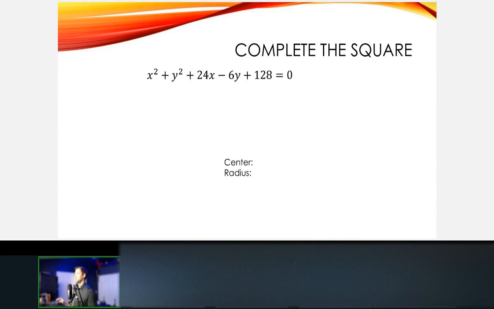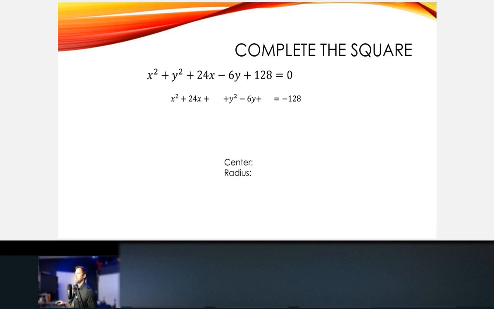So move the 128 to the other side, but in the same step, I also reorder my terms. I put my x's together, I leave some space. I put my y's together, I leave some space. I move the constant to the other side. So that's what I do in my first step. Yeah, move the constant and group x's and y's.